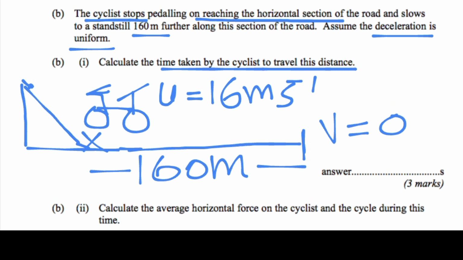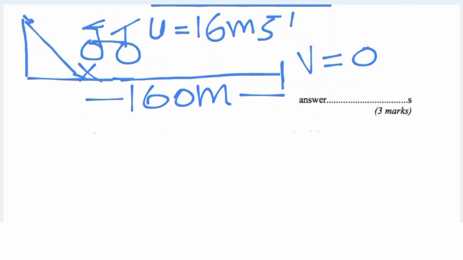Alright, so if v is equal to 0 and we have all these givens, now we know there are questions of uniformly accelerated motion. So for uniformly accelerated motion equations, we need to find the one equation that allows us to find the time.